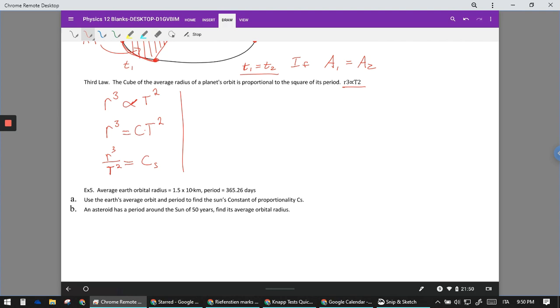Obviously, cubed and squared. So that's basically Kepler's third law.